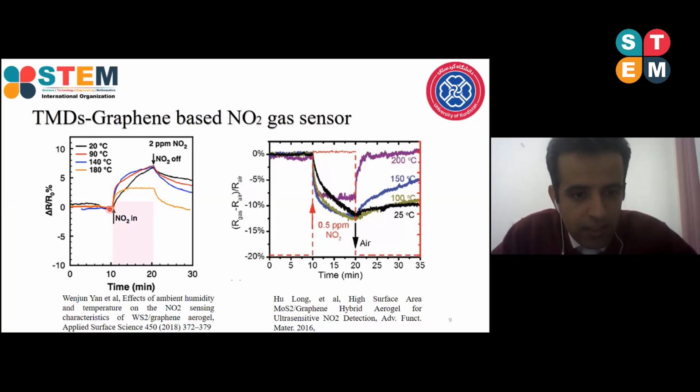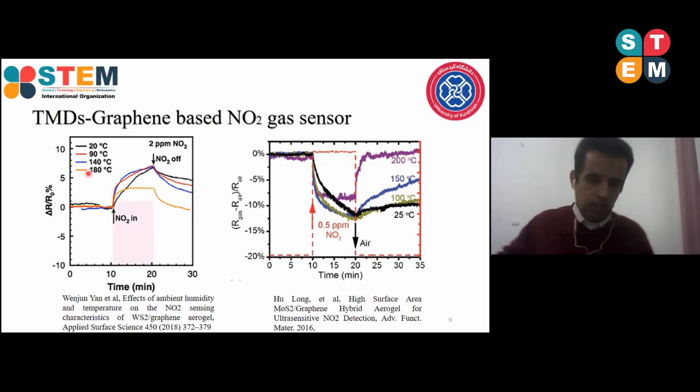As you see, the device at room temperature shows poor recovery time. It's the main problem with this kind of sensor. So to solve this issue, researchers mostly prefer to work at a higher operating temperature, for example, near 200 Celsius.